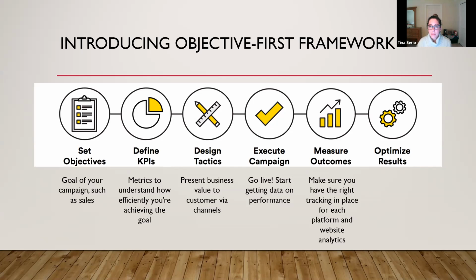But I'd also recommend layering that on with a website analytics tool such as Google Analytics. And then finally, you take all that data and you glean the insights from that data and you identify opportunities for optimization. So what actions are you going to take based on the performance that you're seeing from the data?